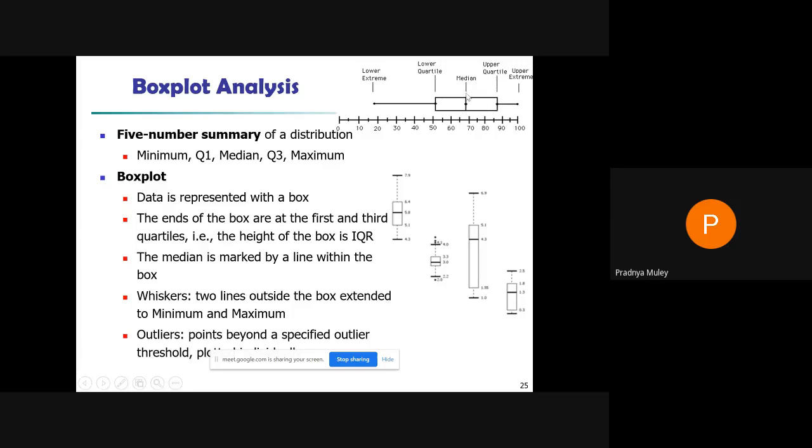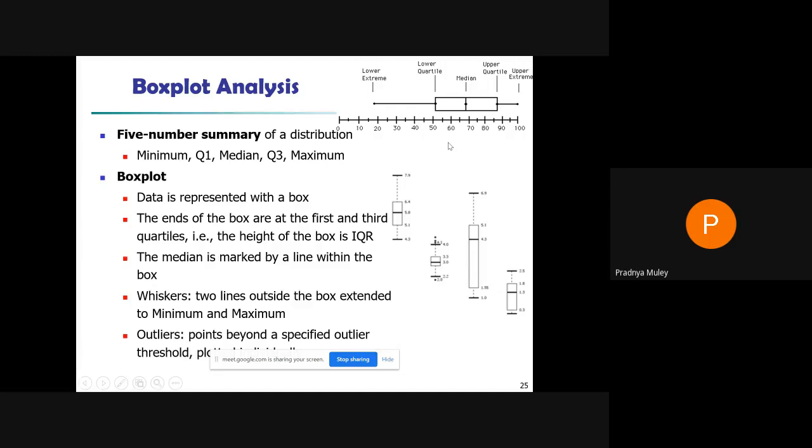This is the median of the data and the upper extreme of the data. If we consider our data set of salary, the lower number is I think 30, upper number is I think 110. We have calculated Q1, Q3 and median, so we can draw the box plot of the given data set.